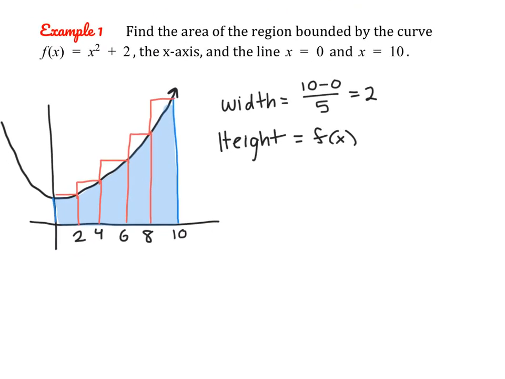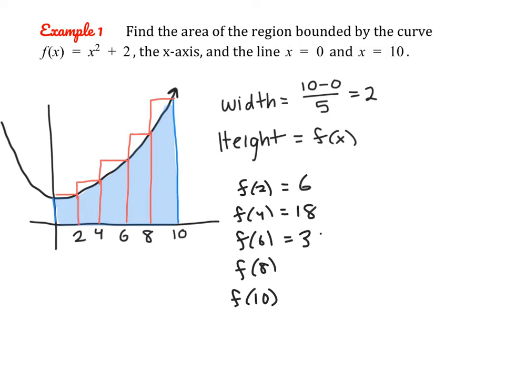We need to know f of 2, f of 4, f of 6, f of 8, and f of 10. Evaluating those in our function, we get 6, 18, 38, 66, and 102.